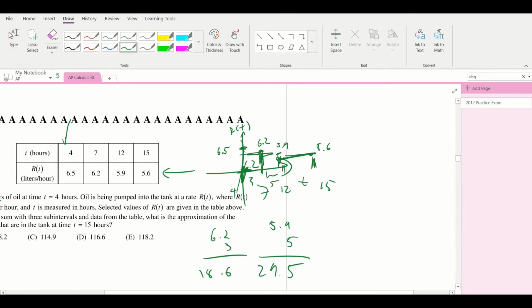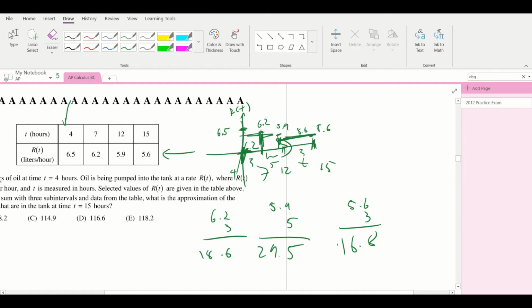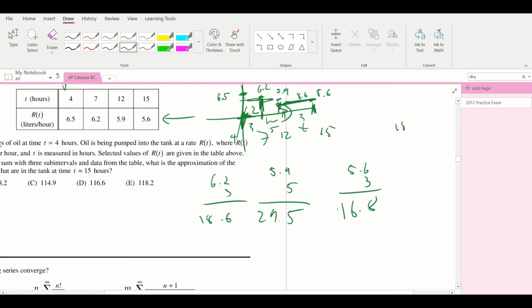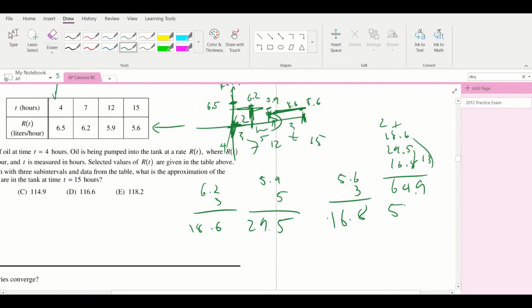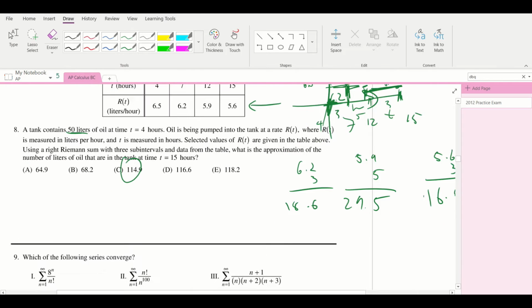And here we have 5.6 and 3 again. So 5.6 times 3 is 16.8. So we add these together: 18.6, 29.5, 16.8. Let me do some addition here. We have 64.9. And then we add this to our starting 50. So we have 114.9. So that's our answer.